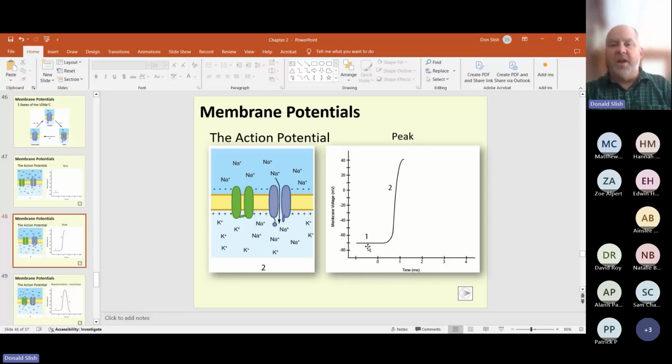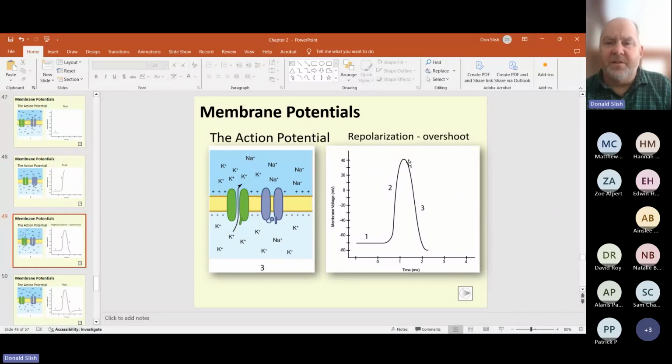It comes flooding in, and the membrane potential goes up towards that reversal potential of sodium, the Nernst potential of sodium. Now, slightly before you reach that peak, though, right about here, your voltage-dependent potassium channels are going to sense that major depolarization, and they're going to open. And then, just at the peak, your voltage-dependent sodium channels are going to go from open to inactivated.